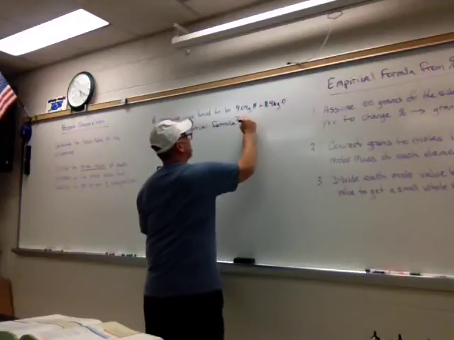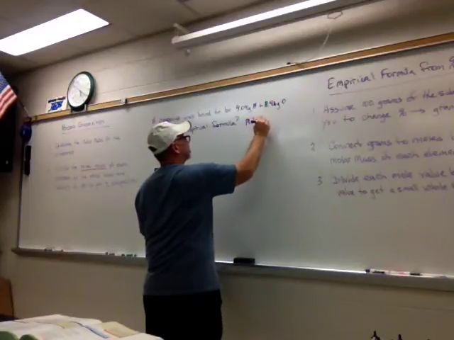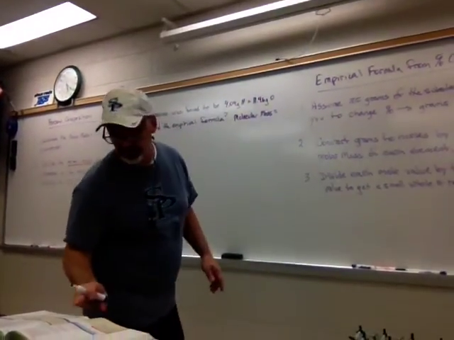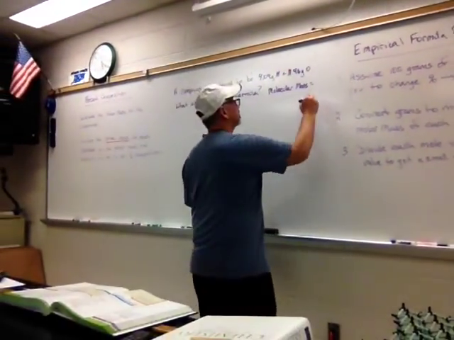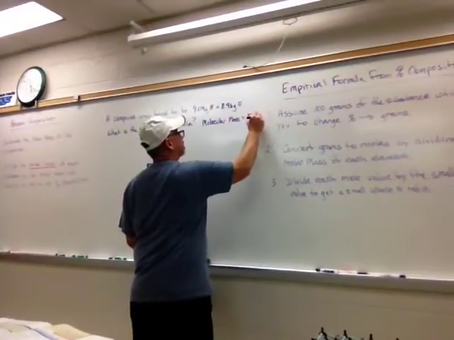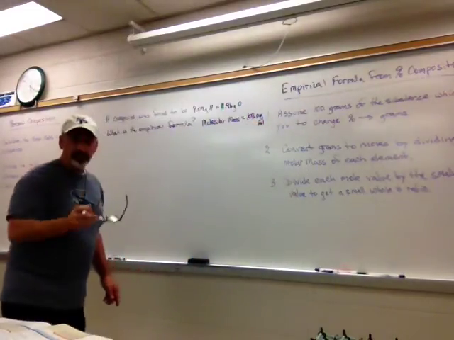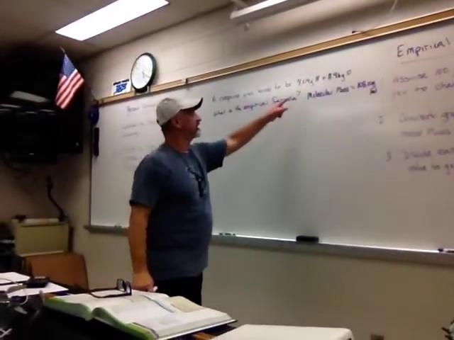And it tells me that the molecular mass is equal to 108. It just says U, which is atomic mass units, but we'll generally have it in grams per mole. It won't matter.